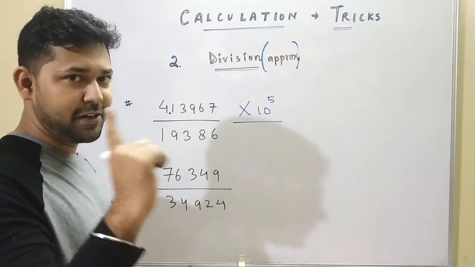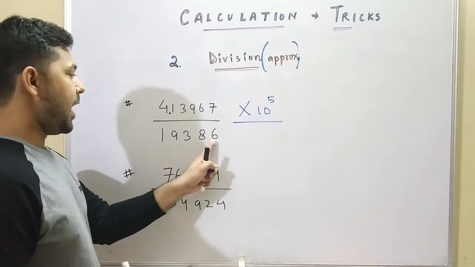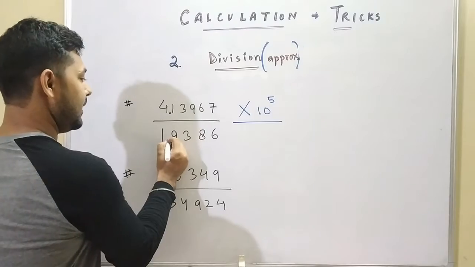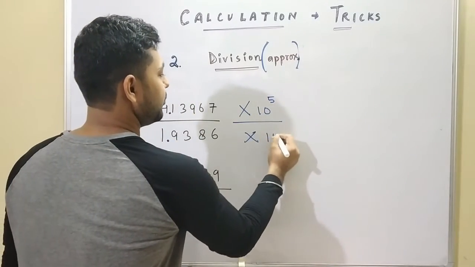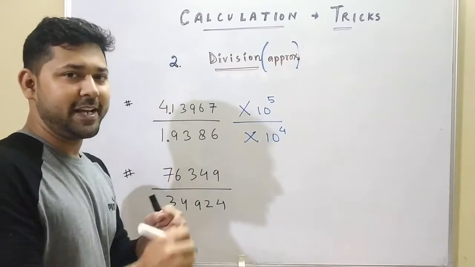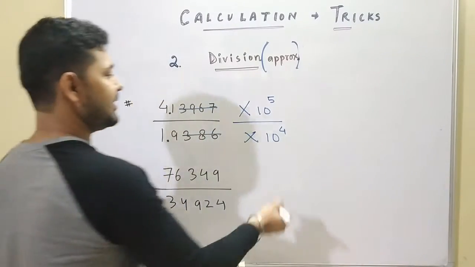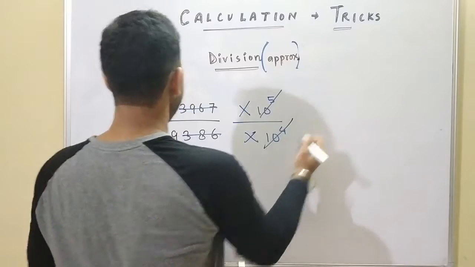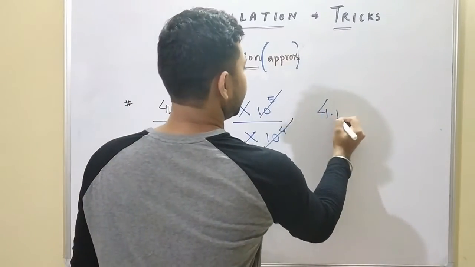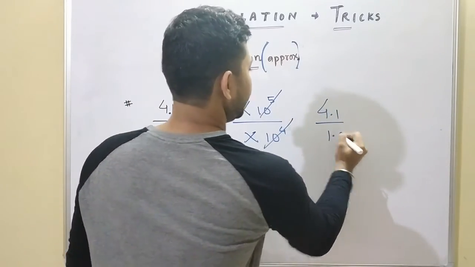As I told you in the first trick, 1, 2, 3, 4. Here I am putting it, and 10 raised to the power 4. Yes, be quick, right? Okay, so it is of no use. Now you can simply cut it down, and this is 4.1 and we have 1.9.